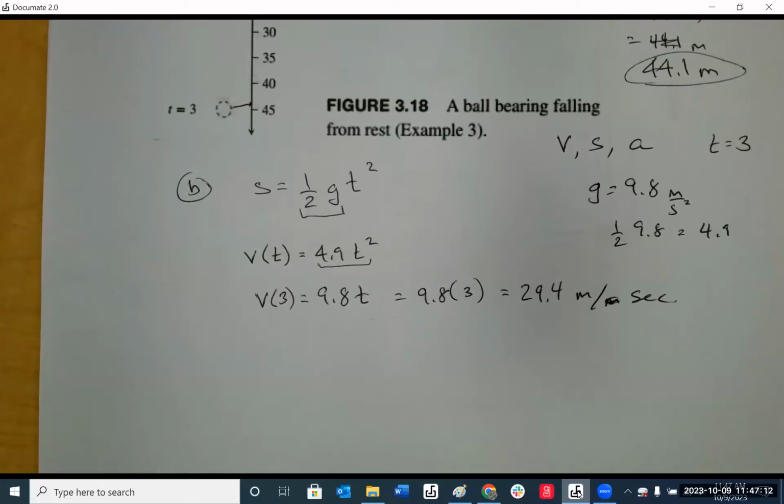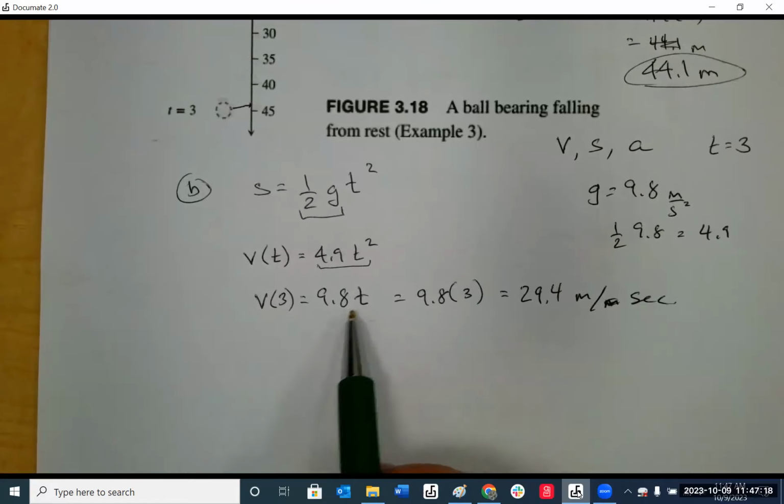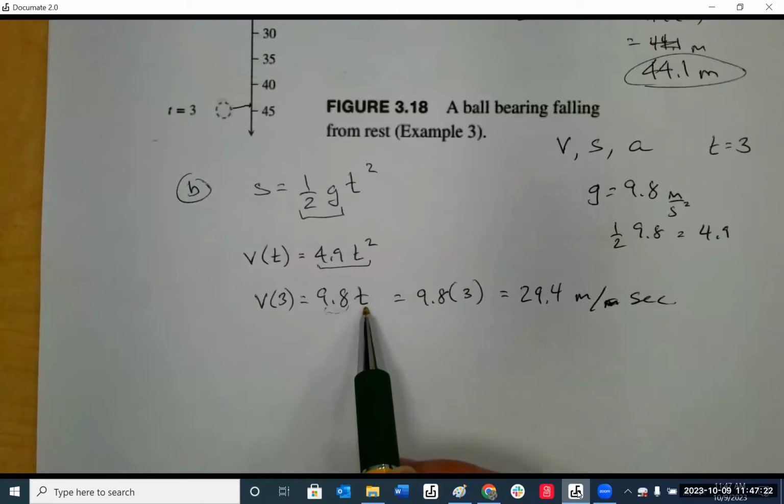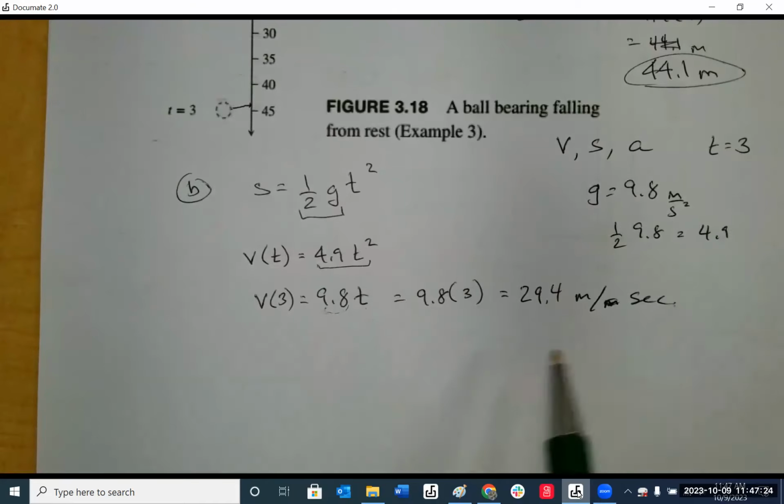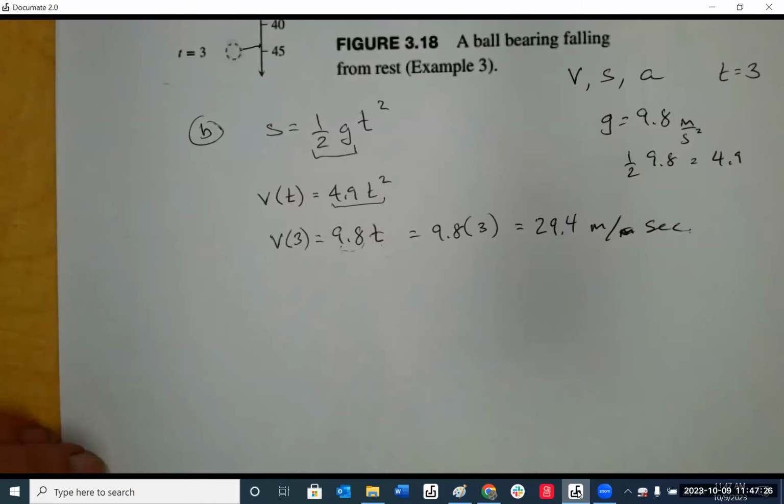Why is it meters per second? Because this is meters per second squared, and we take every 1 second. So it's per second. All right.